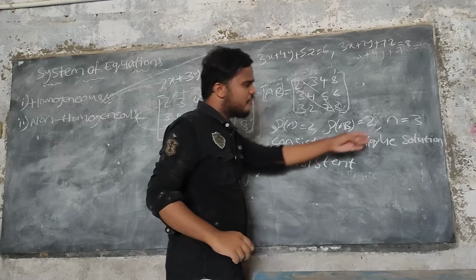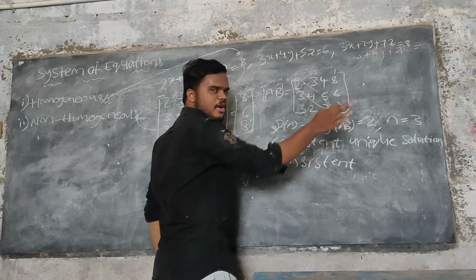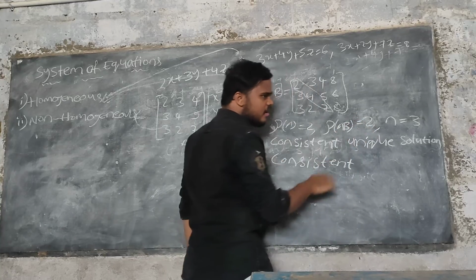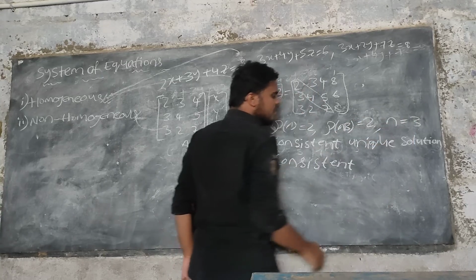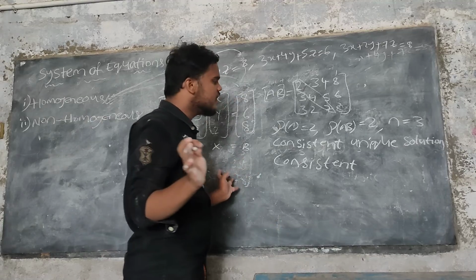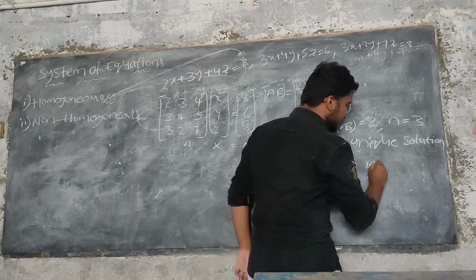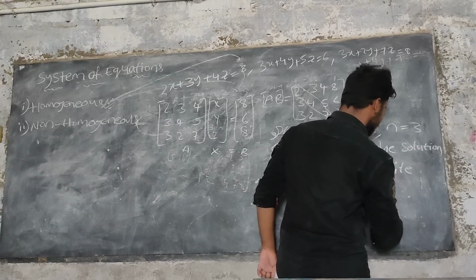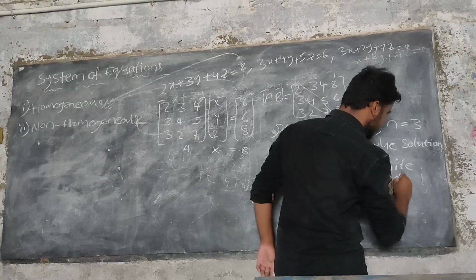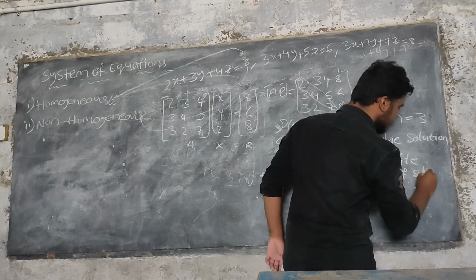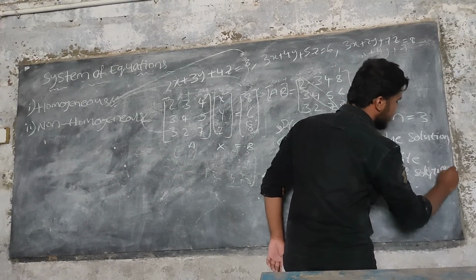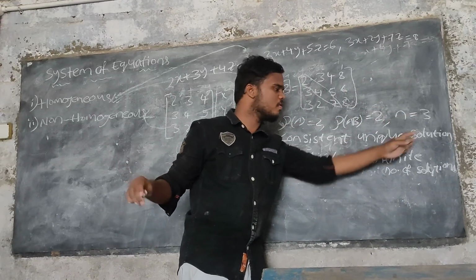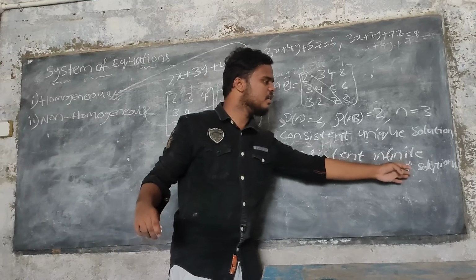But it is not equal to the number of unknowns; it is less than the number of unknowns, because rank A and rank AB are 2. In this case, we have an infinite number of solutions, friends. Rank A equals rank AB but is less than the number of unknowns means the system is consistent with infinitely many solutions.